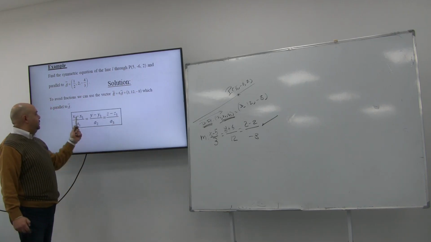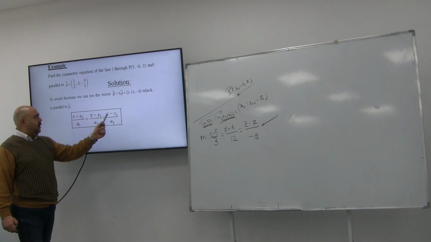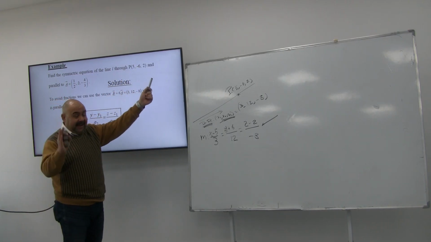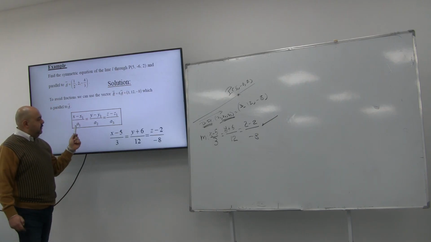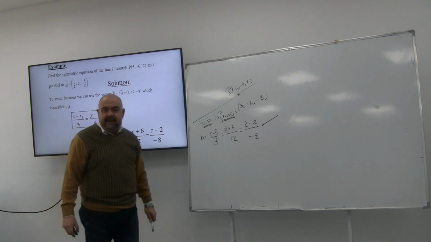Simply, the equation is going to be exactly like this, replacing x1, y1, z1 by the coordinates 5, negative 6, and 2, exactly as we saw, and replacing the direction vector a1, a2, a3 by 3, 12, and negative 8.